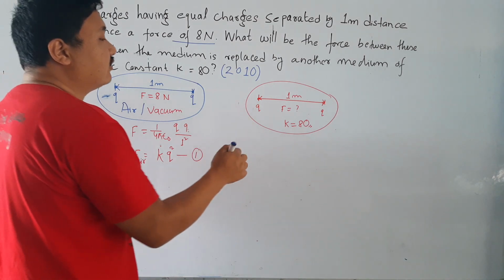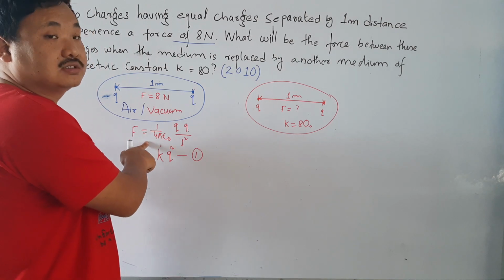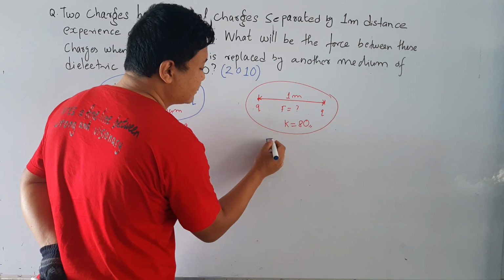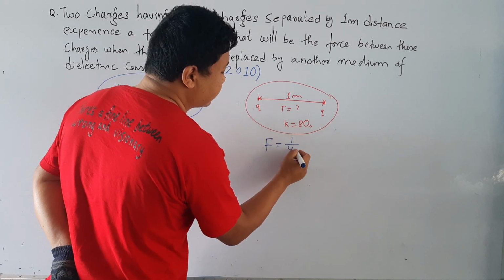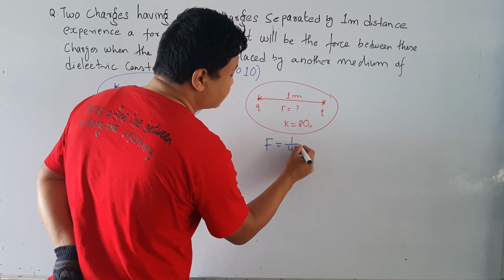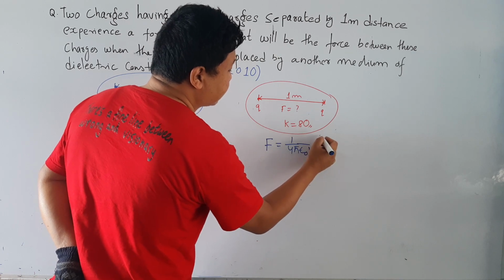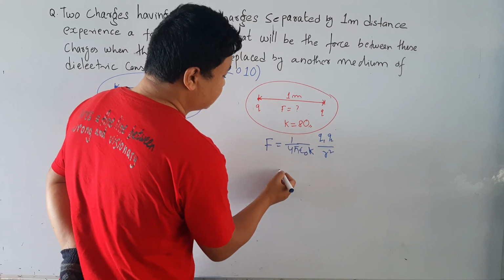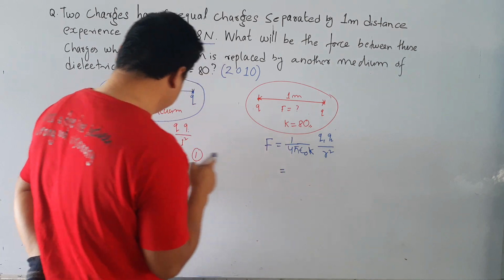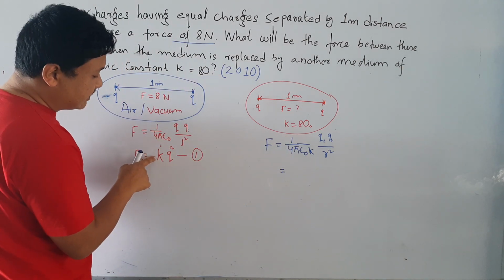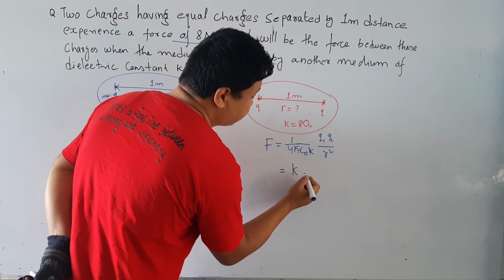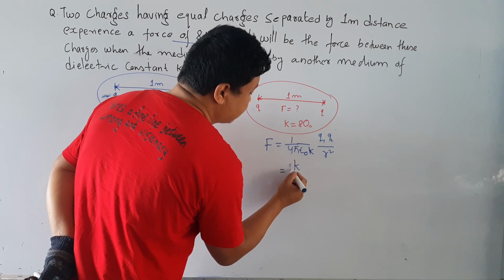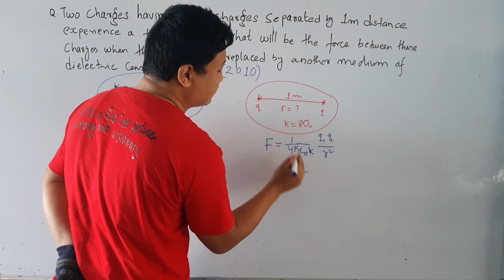Now what is the formula of the Coulomb force in any medium? The formula for force in any medium is F is equal to 1 by 4 pi epsilon naught K into Q1 Q2 by R square. So here I will write 1 by 4 pi epsilon naught as k, divided by K, where the value of K here is 80.